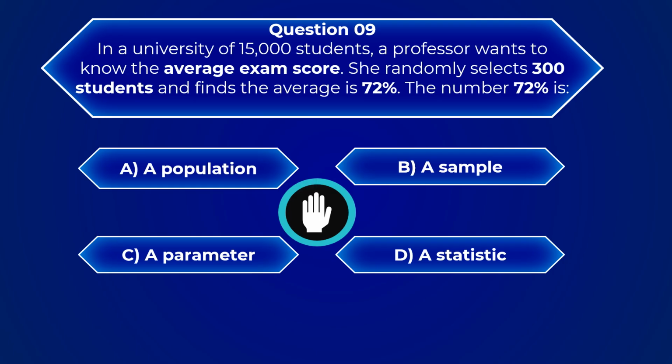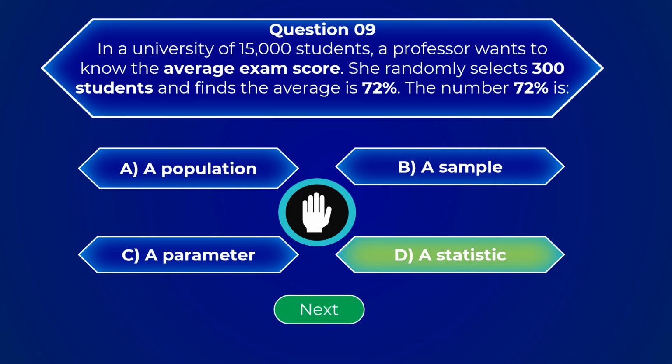So here the number of 72% is of course a statistic and it is not a parameter, because here it is 72% from our sample, which is 300 students, and not from our population, which is 15,000 students.